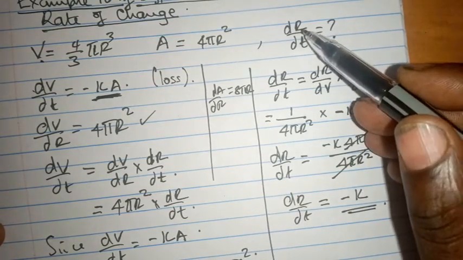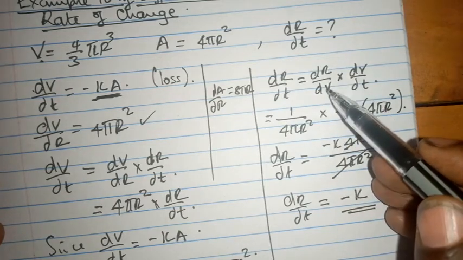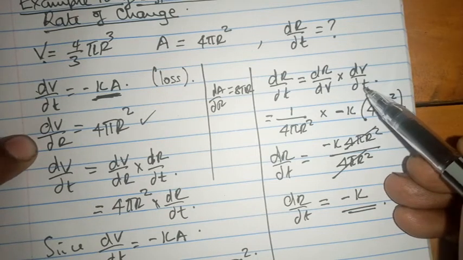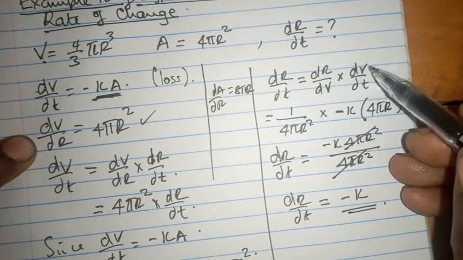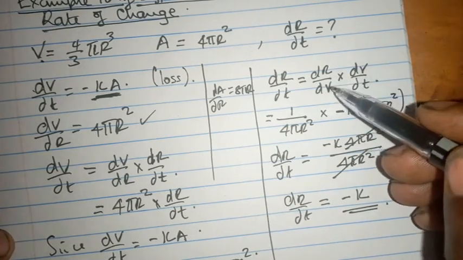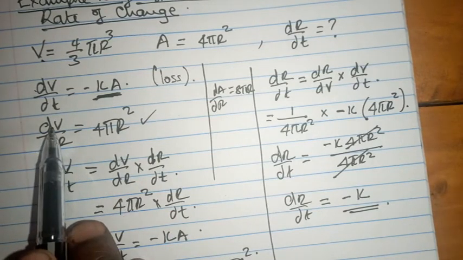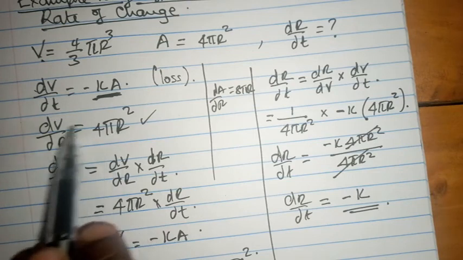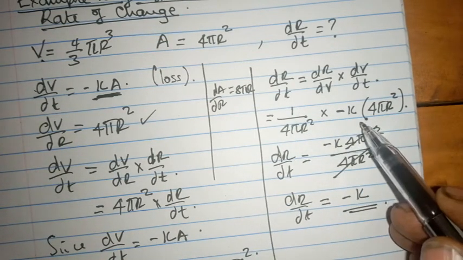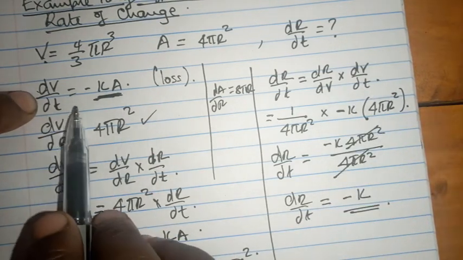Because the question is on dr/dt, according to the chain rule it is dr/dV times dV/dt, so dV and dV cancel out and we are left with dr/dt. Incidentally, dr/dV is the reciprocal of dV/dr, which is 1 over 4 pi r squared, times dV/dt, which is minus kA, simply because there's a word loss.